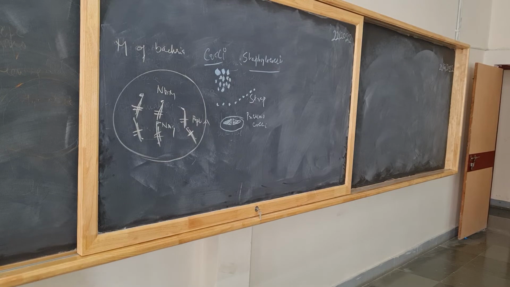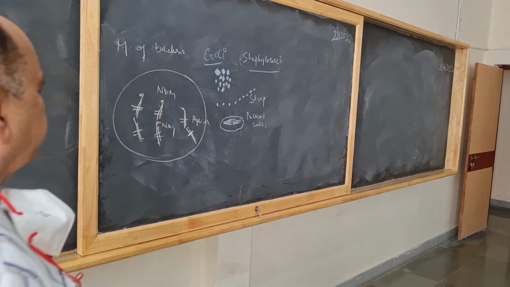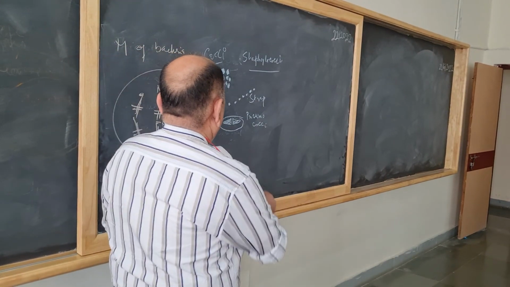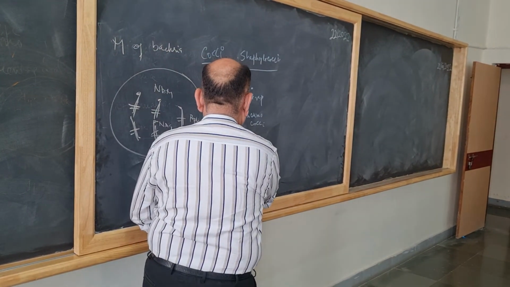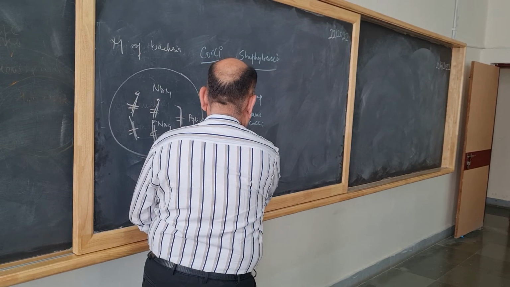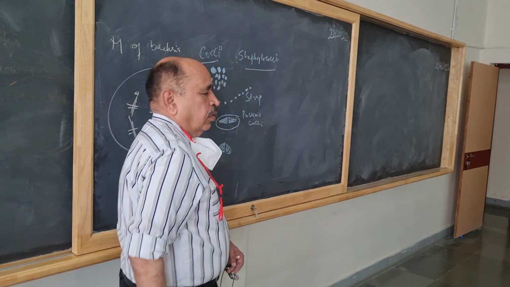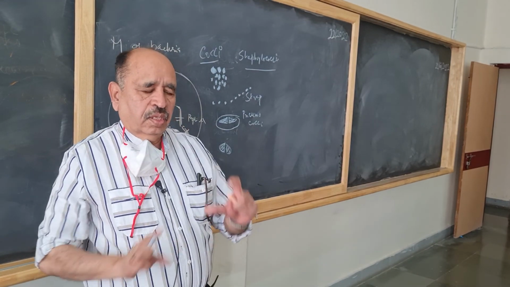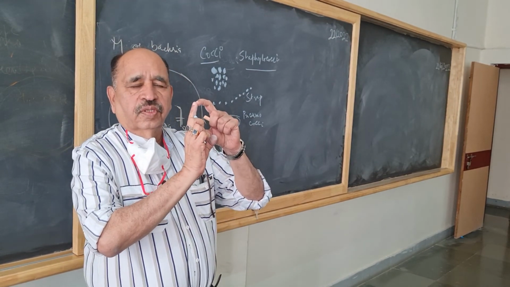Next, two cocci are gram negative, they look pink in color. We'll tell you about gram staining. What is gram staining? One is half moon shaped, hold like this, half moon.